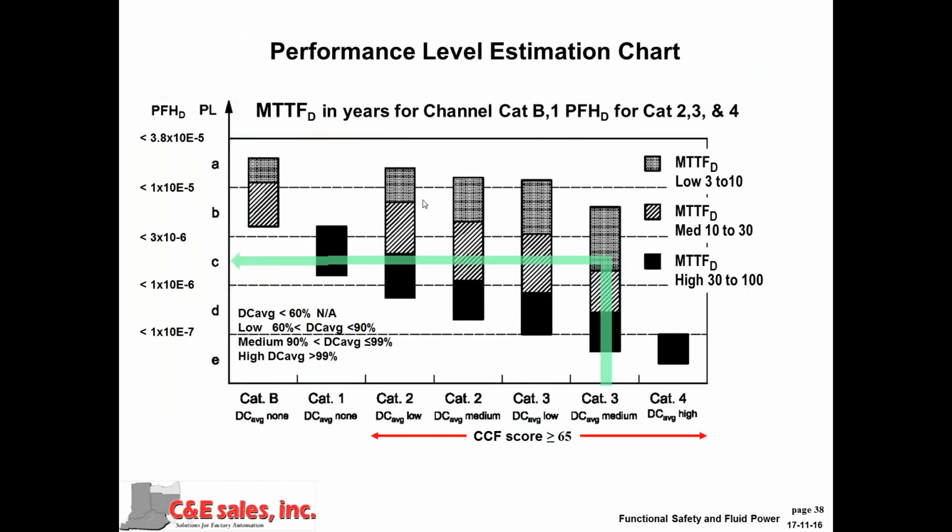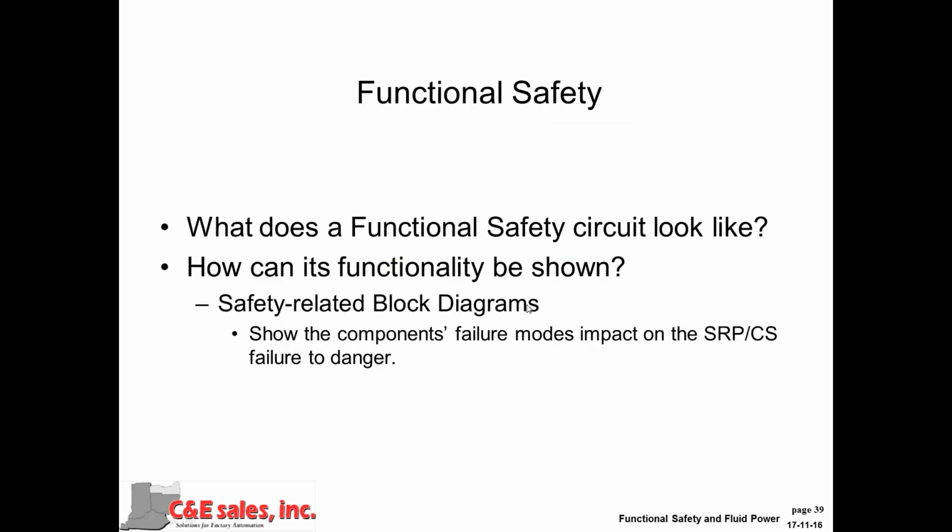This is a chart that says these are the mean time to dangerous failure, the probability of dangerous failure per hour that I must design to meet any one of these performance levels. Notice that, for example, I have multiple ways of reaching, for instance, a design D level by different categories, different abilities to detect failures, and so on. We'll talk about that in a little bit greater detail.